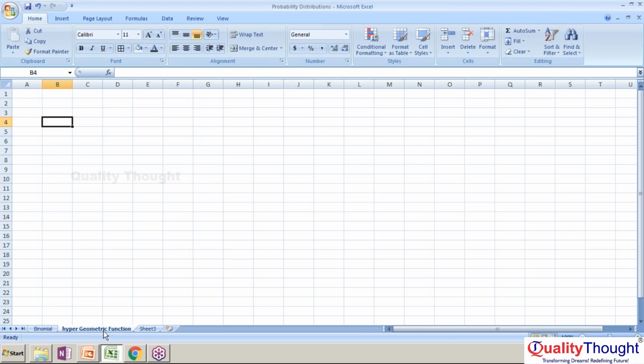In this hypergeometric function, what is the data it is representing here, guys?